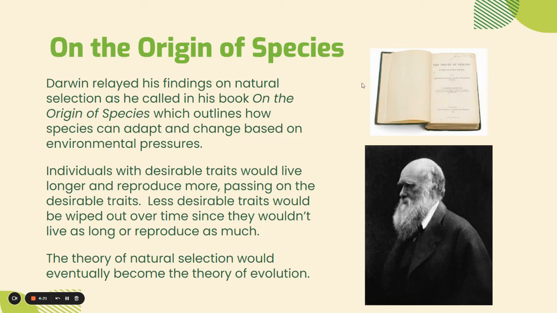Individuals with desirable traits would live longer and reproduce more, and they would pass on those traits because they were the ones reproducing the most. Less desirable traits would be wiped out over time since those individuals wouldn't live as long or reproduce as much. This theory of natural selection would eventually become the theory of evolution when we had more evidence to back up his claims.